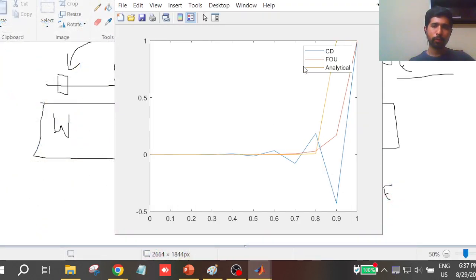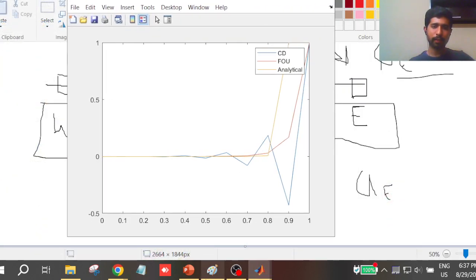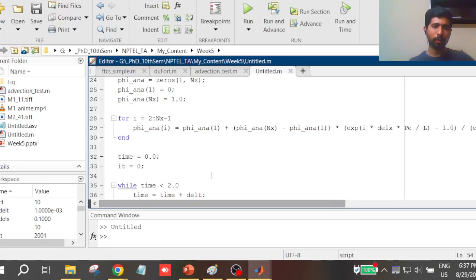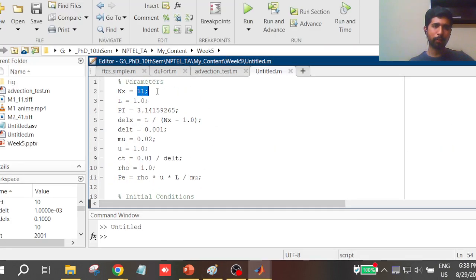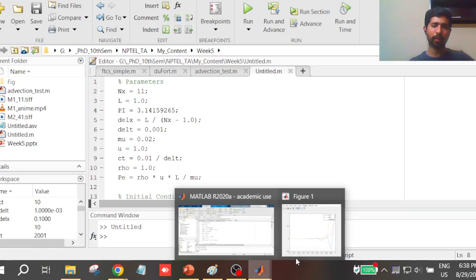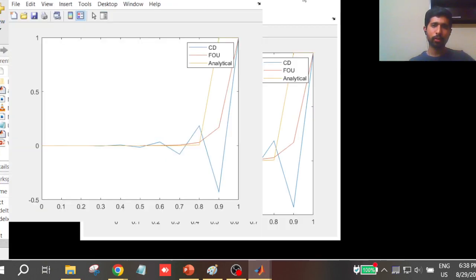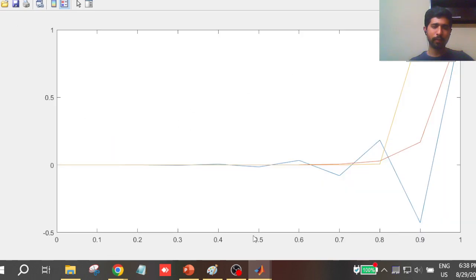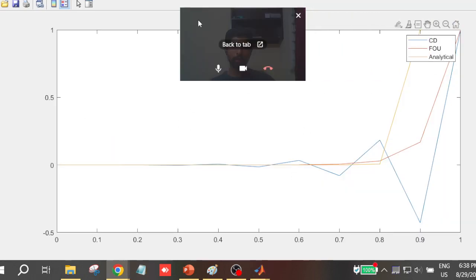So now you can see what is happening. I had taken 11 grid points here, with a velocity of 1. It's like your 2.5 case, I think, in the weekly content. So what you can see clearly is what this code is doing.